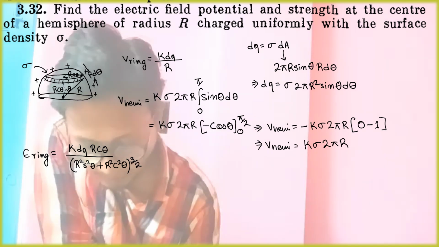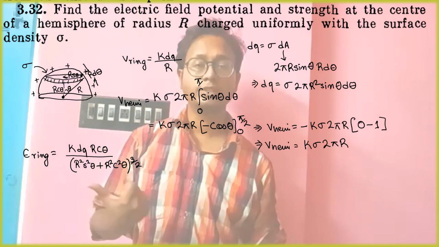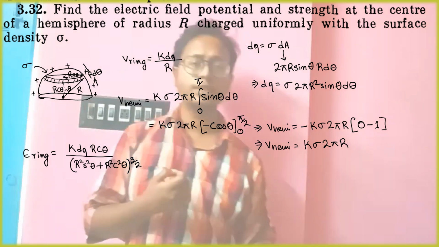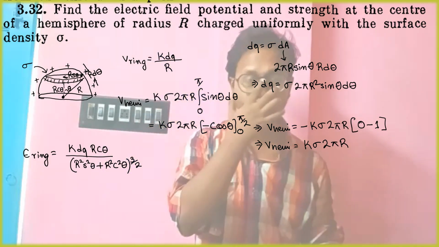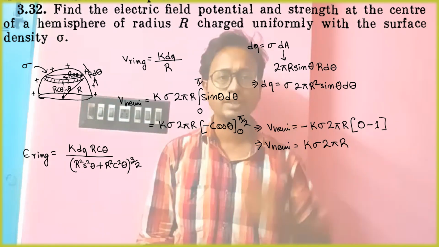If you are confused about where I got this formula, the electric field due to a ring was k q x divided by r square plus x square to the power 3 by 2, no?